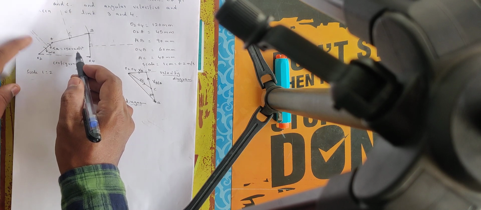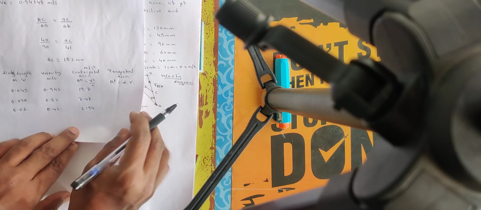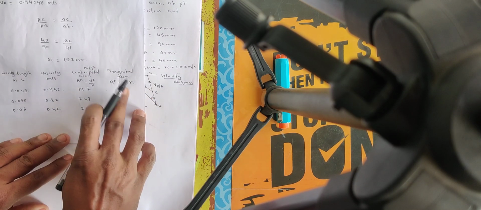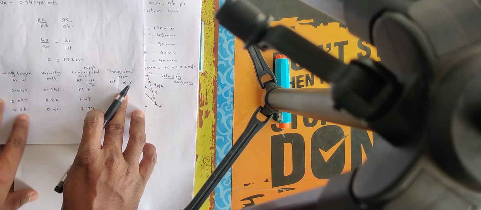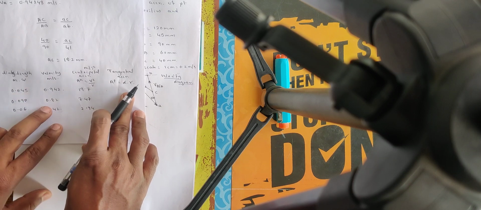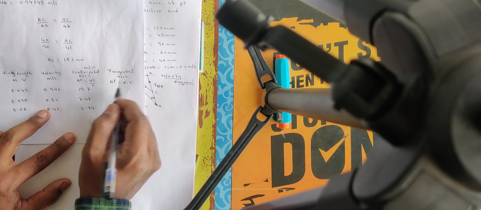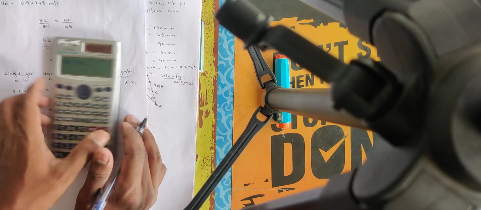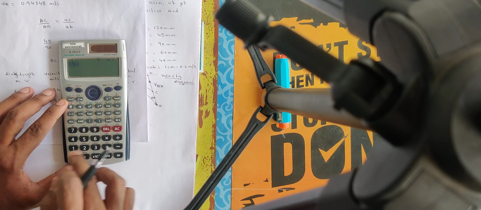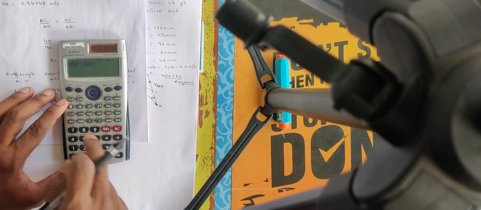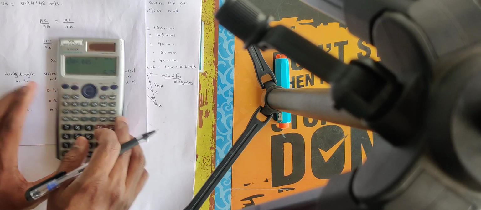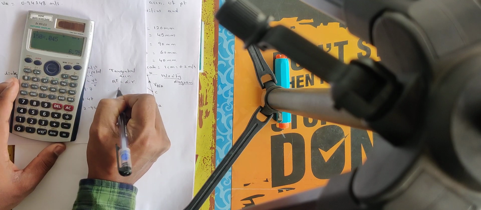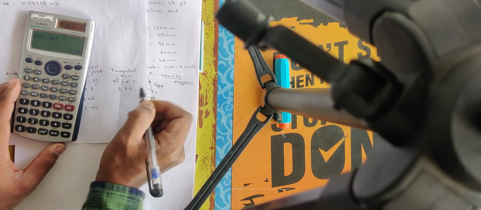So we have to consider this for calculating the tangential acceleration here. Okay, so tangential acceleration for link O2A is 150 into link length is 0.045. So what you will be getting here is 6.75.